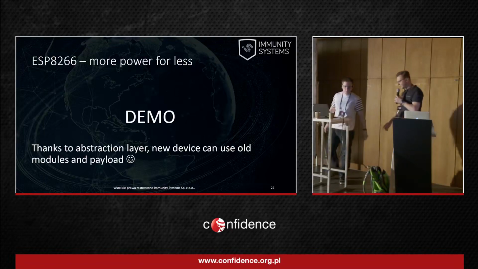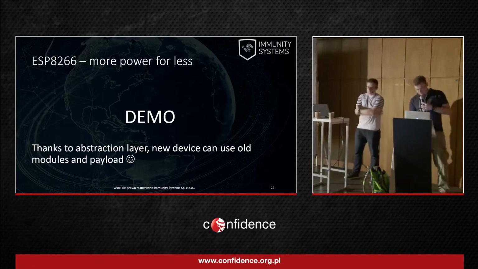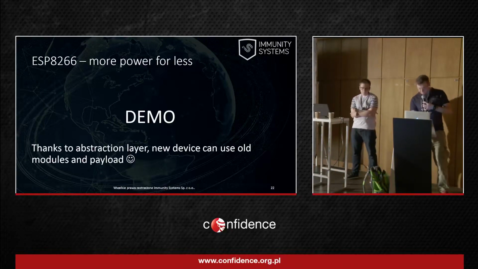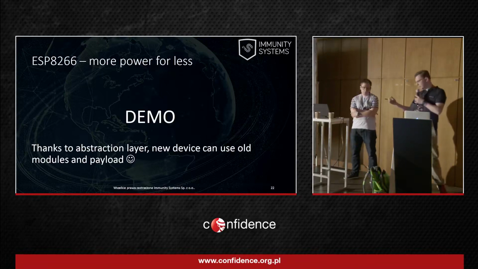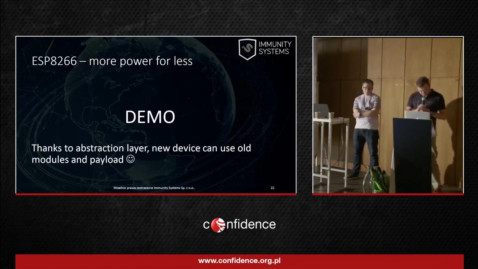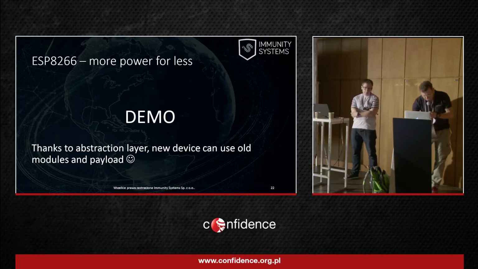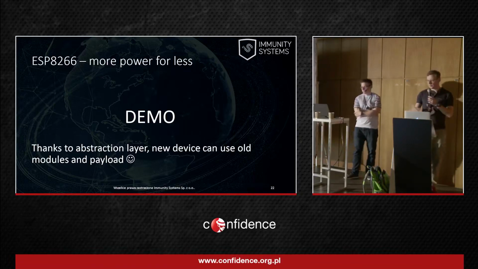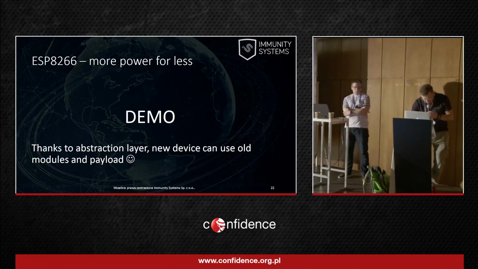So after plugging in, there is a new network, because it behaves like an access point. And now, using our platform, we can remotely execute a payload, like moving the mouse or keyboard.